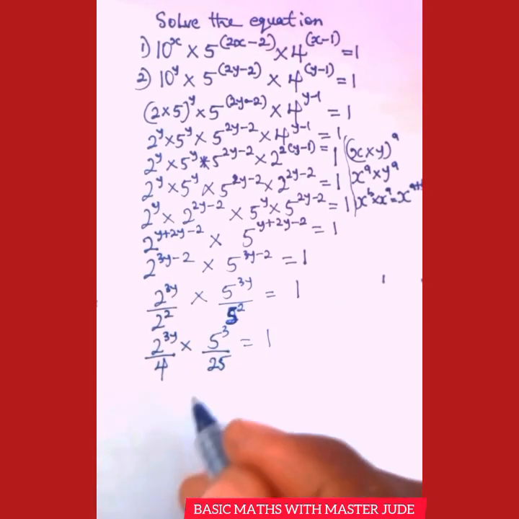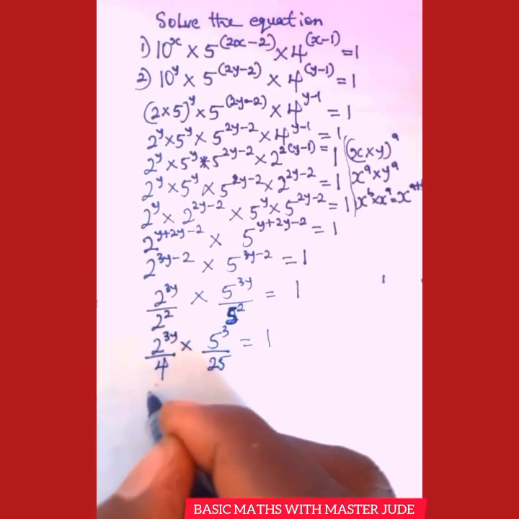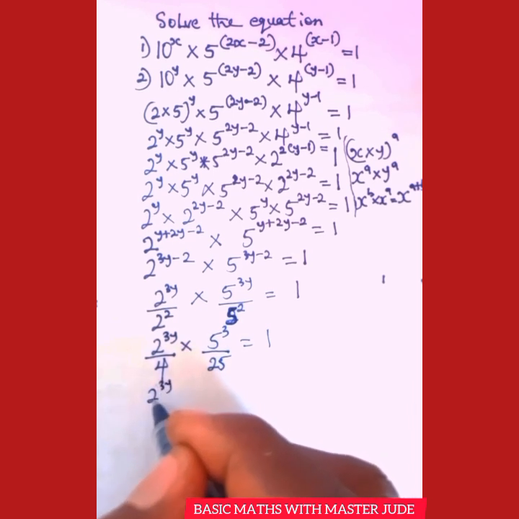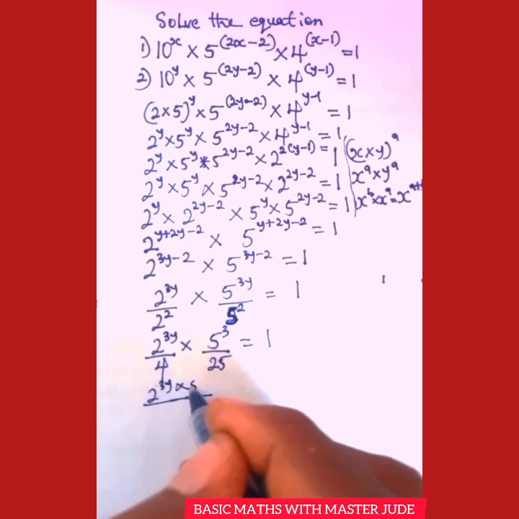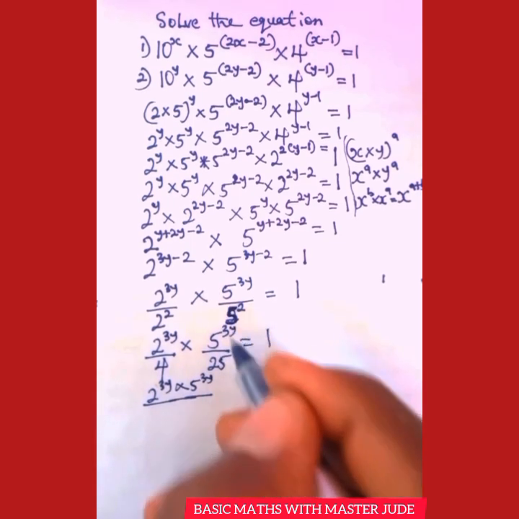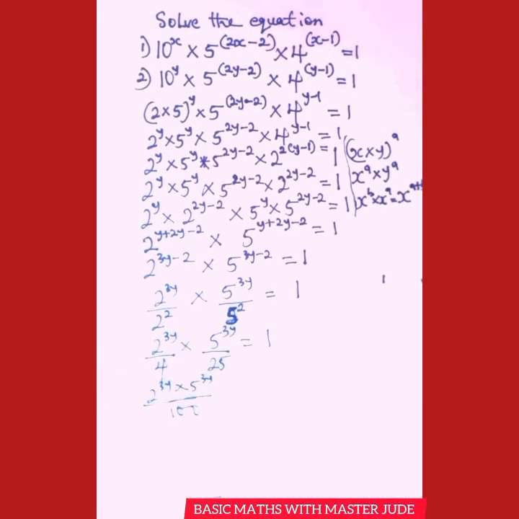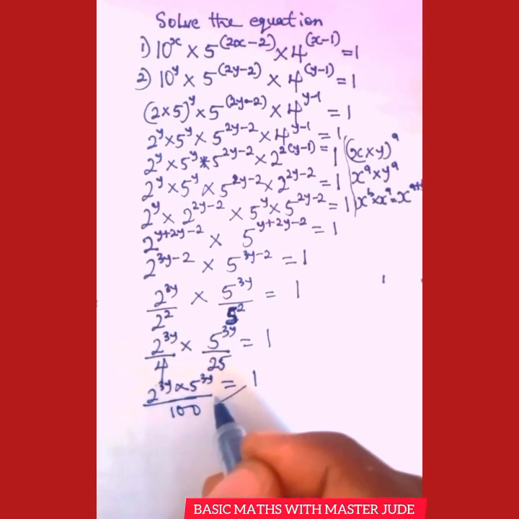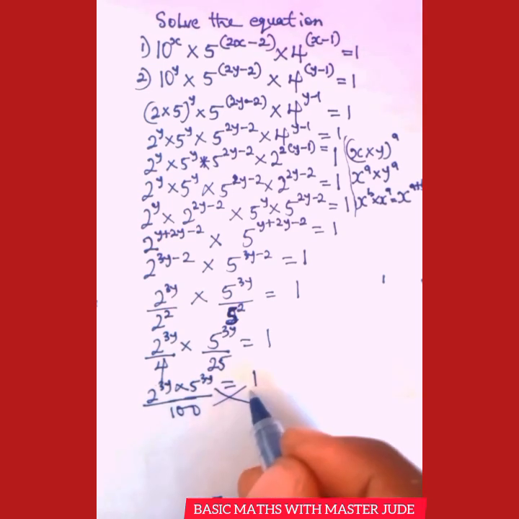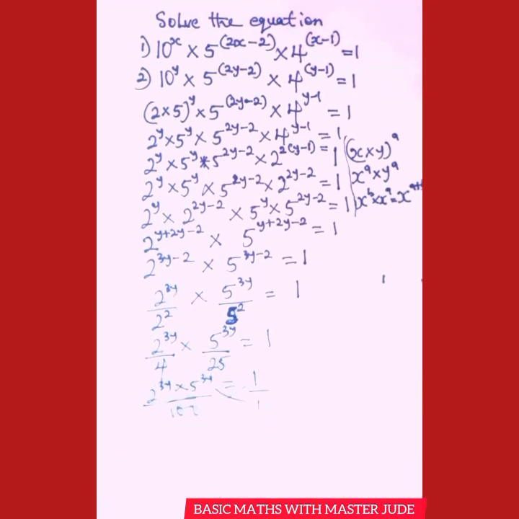And this also can be 2^(3y) multiply 5^(3y) all over 100, because 4 multiplying 25 is 100, is equal to 1. I can now cross multiply. Let's say this is an invisible 1 underneath this one as a whole number, because 1 divided by 1 will still give me 1.